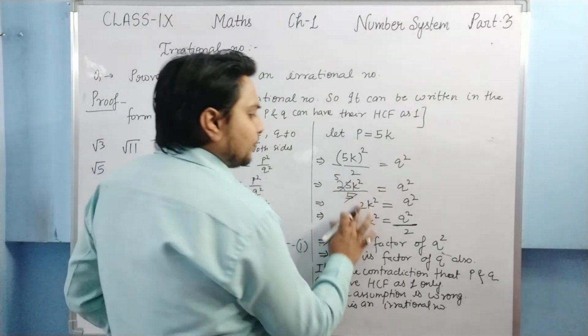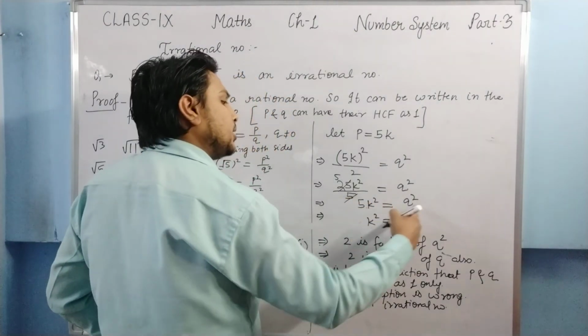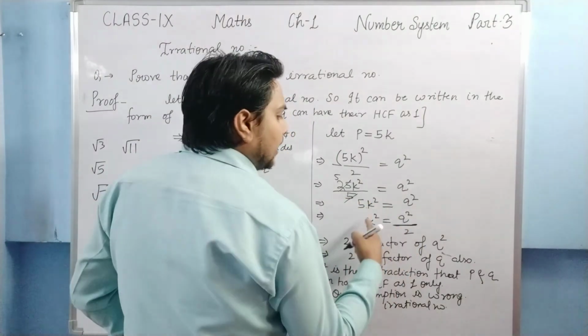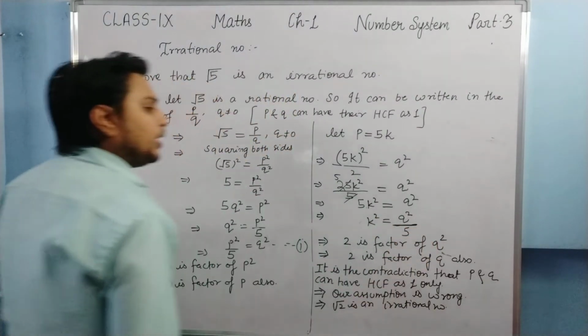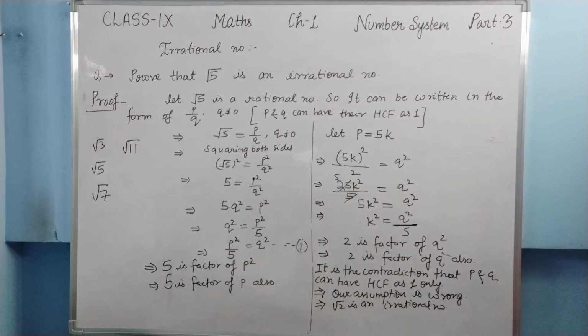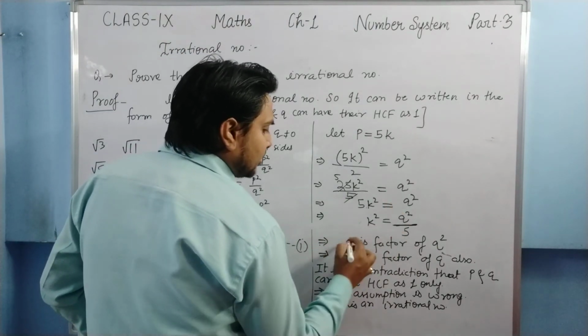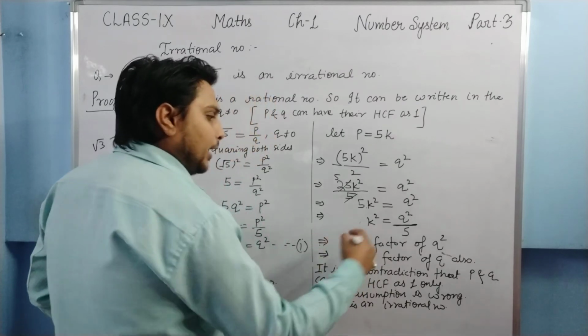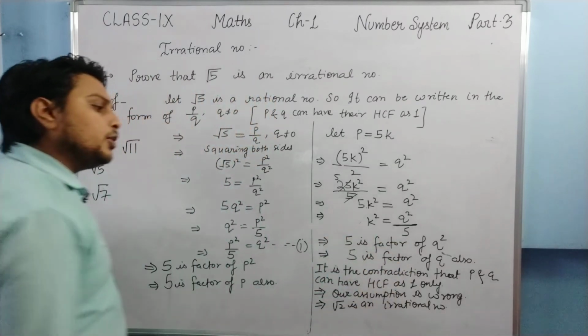So now this will be 5k square is equal to q square, and then this 5 will be shifted, so it will be q square upon 5. If q square upon 5 is there, it means 5 is a factor of q square, and if 5 is a factor of q square, it means 5 is a factor of q also.